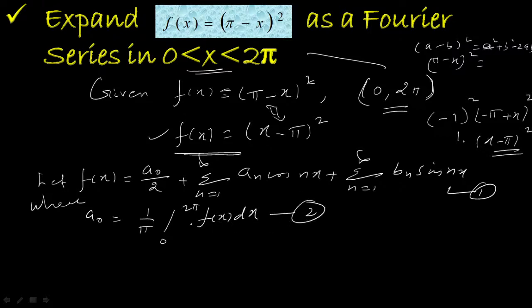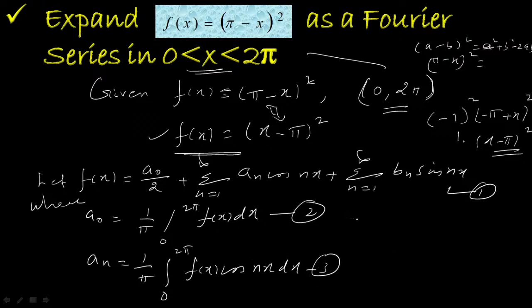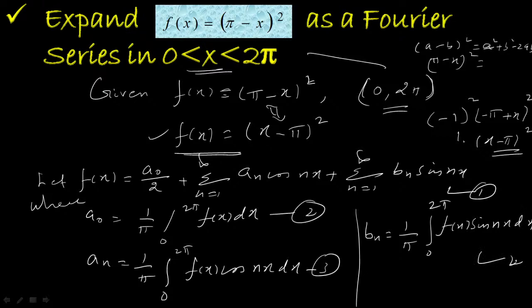Take this as equation number 2, and an is equal to 1 by pi integral 0 to 2 pi f of x cos nx dx. Take this as equation number 3, and bn is equal to 1 by pi integral 0 to 2 pi f of x sin nx dx. Take this as equation number 4. By making use of these 3 equations, that is 2, 3, 4, we calculate the Fourier coefficients and substitute in equation 1, and the problem will be over.